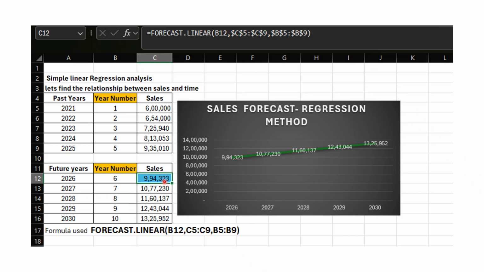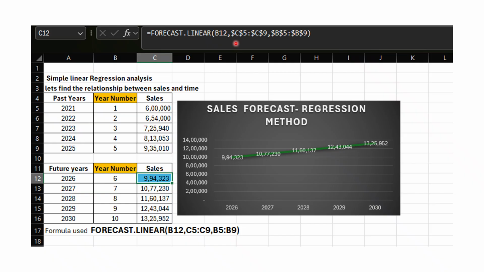Here I have given you the formula for the year 2026. Apply FORECAST.LINEAR, then open bracket, B12. Here the year number, which is the x figure, is 6, comma.